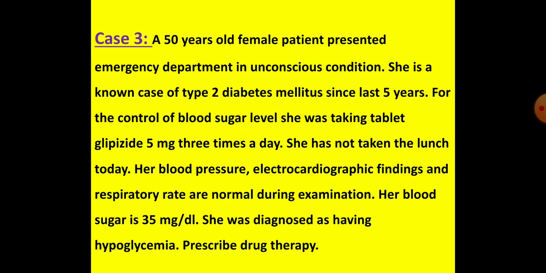Her blood pressure, ECG and respiratory rate are absolutely normal during the examination, but blood sugar is only 35 milligram per deciliter. So she is diagnosed as having hypoglycemia, and you have to prescribe the drug therapy for hypoglycemia.